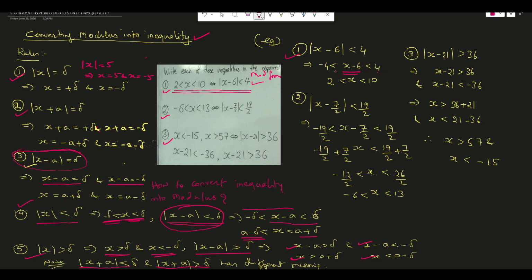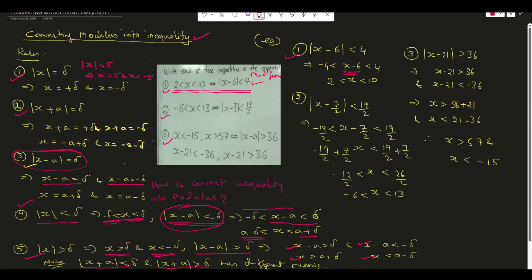Now you can see that in this inequality there are three terms, 1, 2 and 3. Now if you add 6 to each and every term, what will happen? The middle term will become x.